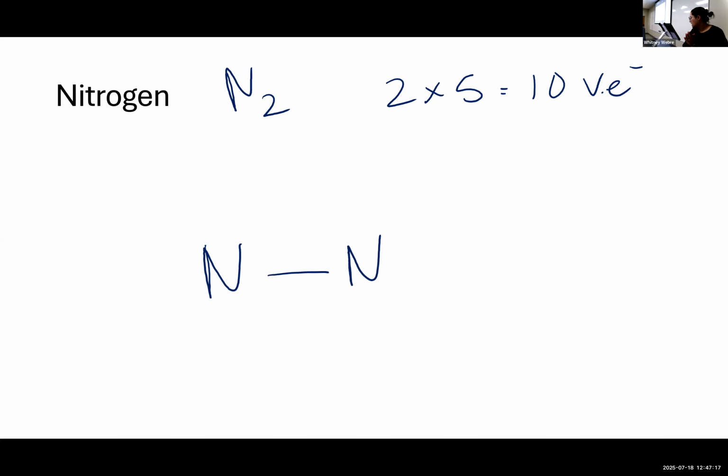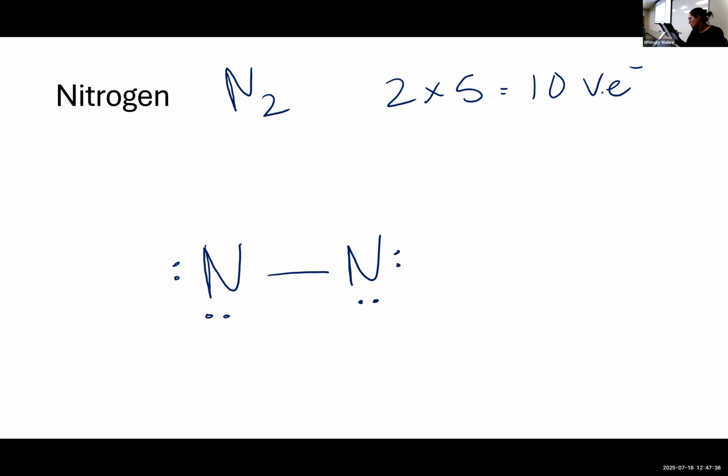So I have 10. That's going to be 2, 4, 6, 8, 10. I can't add any more because that would be 14 and it wouldn't be correct and it would throw off everything. So I can only add 10.